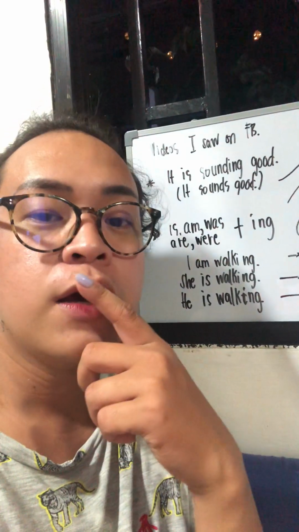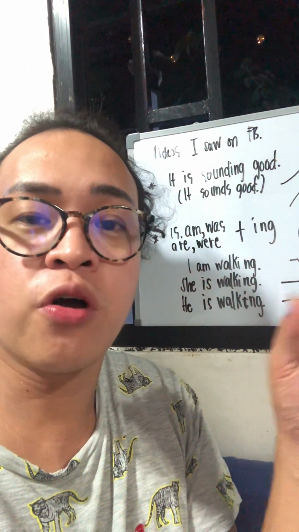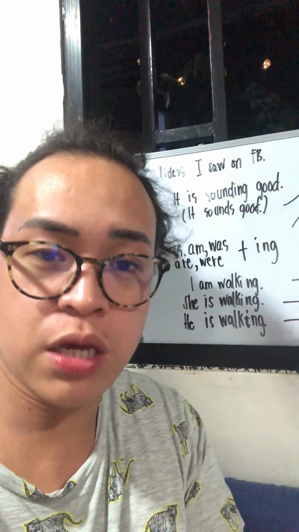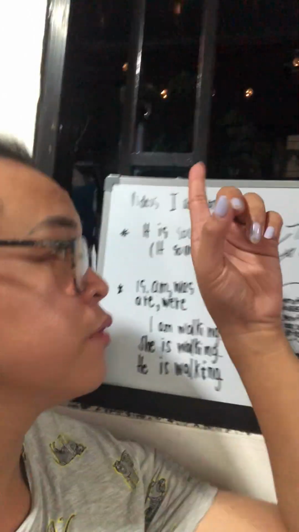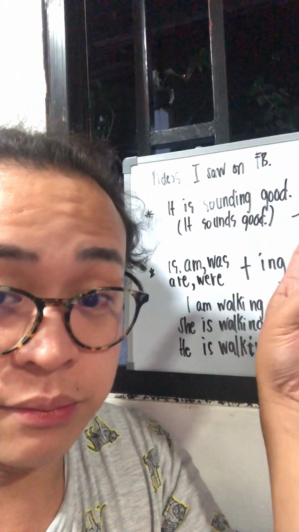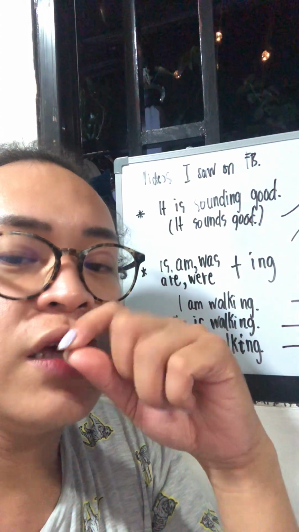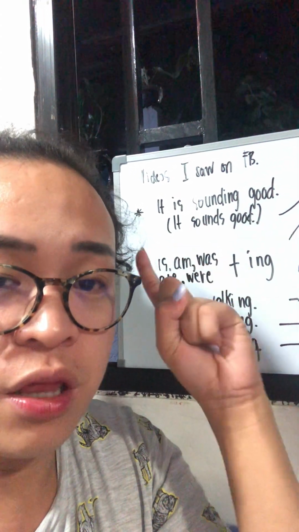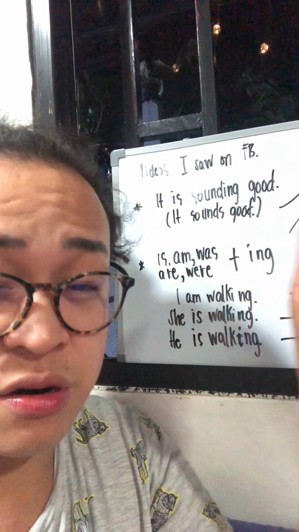tonight. So this topic I just saw on my Facebook while I was browsing my news feed. And according to the uploader, this sentence, "it is sounding good," is correct. Yes, if you're going to dissect the structure of this sentence, this is correct.